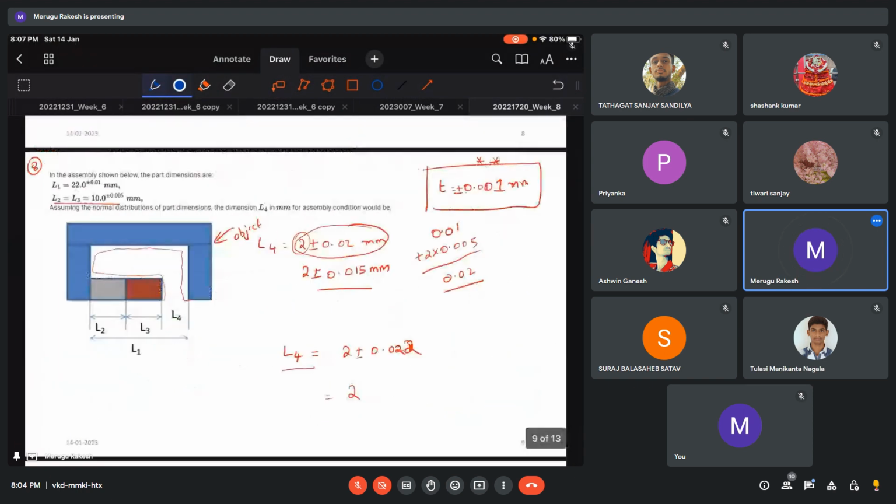Okay. So in this question, I have made an error, because this coating should be positive, because I cannot remove the material, right? Whatever I can do, I just have to add here on both the sides. Here it is already 2 plus or minus 0.02.